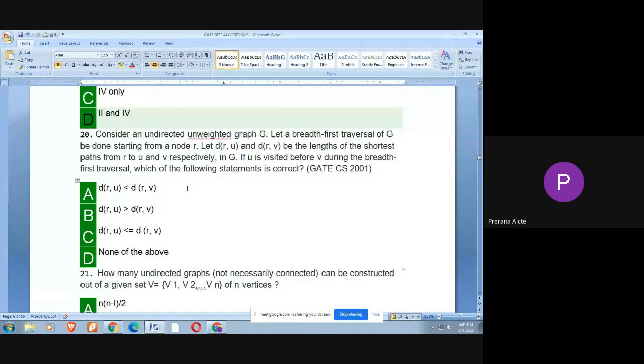So here d(R,U) and d(R,V) will be the same if U and V are at the same level.